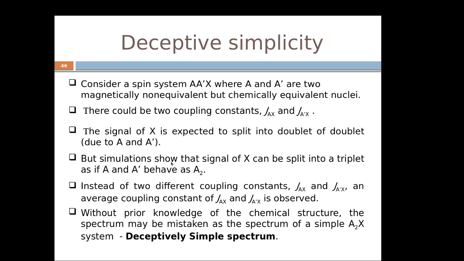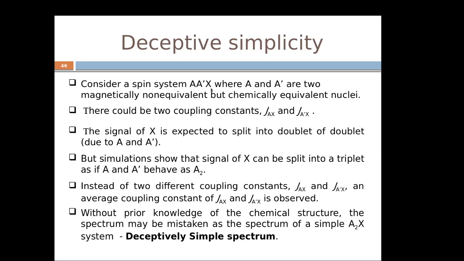But simulations show that it could also happen that the signal of X is seen as a triplet. Okay, so if the signal of X is to be seen as a triplet, then the coupling between X and the nuclei A and A' should be equivalent or similar. That means JAX should be equal to JA'X. So that implies that the nuclei A and A' should act as if they are magnetically equivalent. Okay, so instead of behaving as A and A', both the nuclei should behave as an A2 nucleus, such that instead of being represented as A'X, it should be represented as A2X.